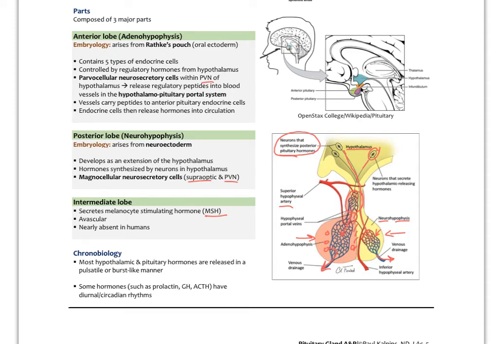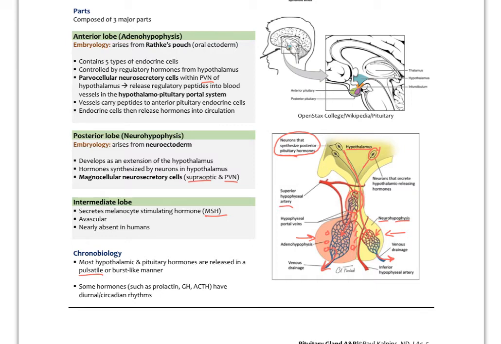Most of these pituitary and hypothalamic hormones are released again in a circadian rhythm, and they're released in a pulsatile or burst-like manner. So we'll see, for example, with the gonadotropins, LH and FSH, from the anterior pituitary, that gonadotropin releasing hormone, GnRH, from the hypothalamus is released in a pulsatile manner.